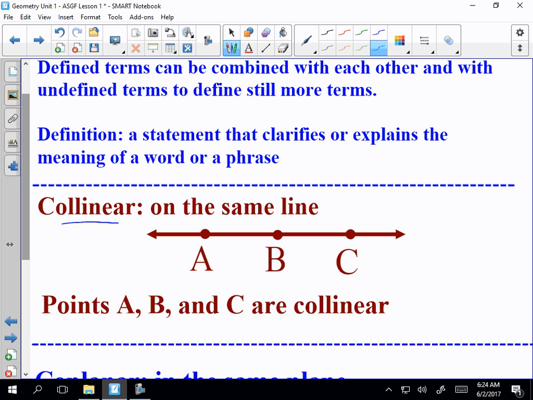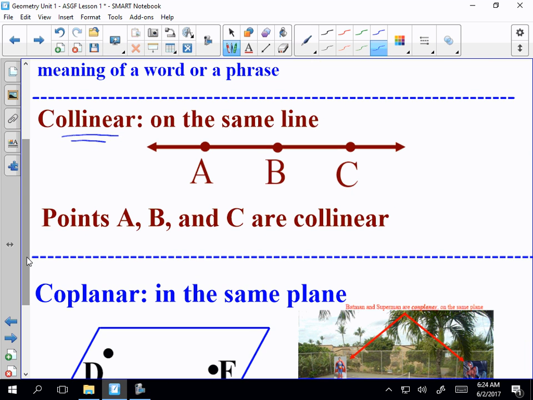So our next term we have here is collinear. When we talk about points that are collinear, collinear points are on the same line. So we have points A, B, and C. They are all on the same line, and we can use any two of the three to name the line. So this could be line AB, remember the arrows.